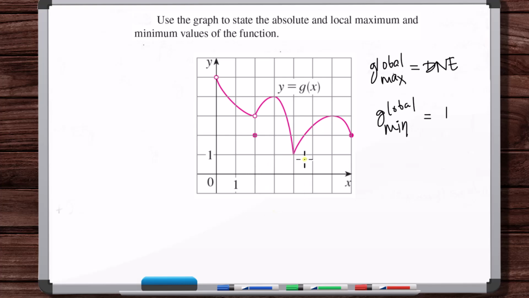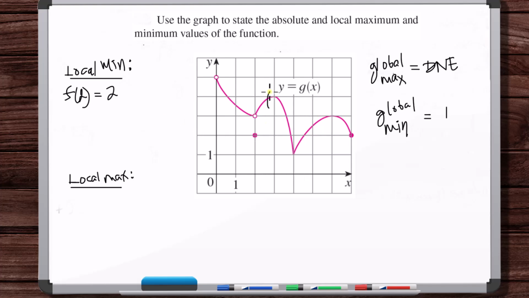All right. Local maxes and mins. Here, open interval, that is a local min, right? So f of 2 is equal to 2.